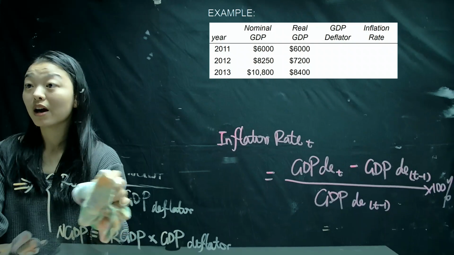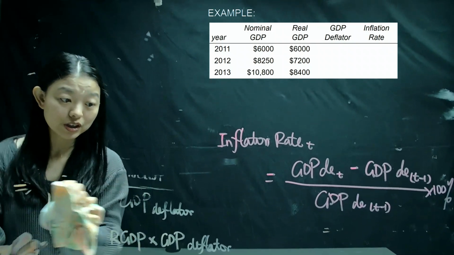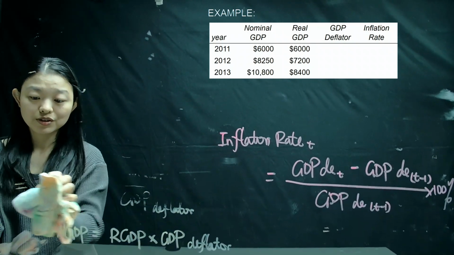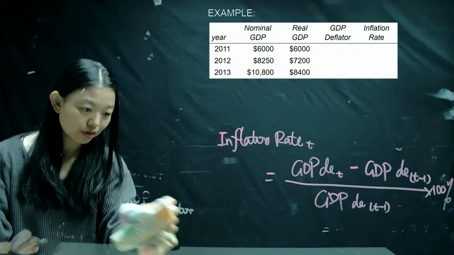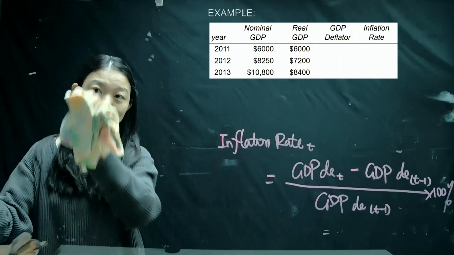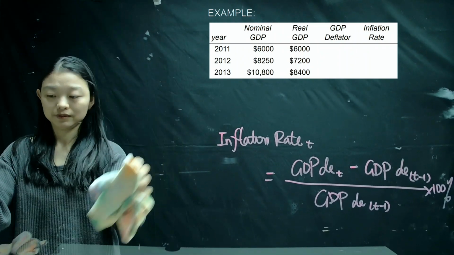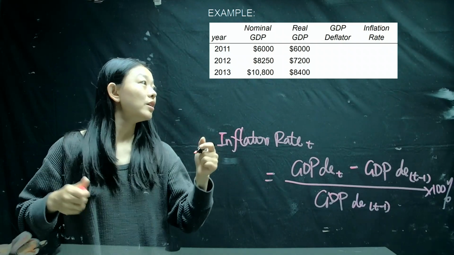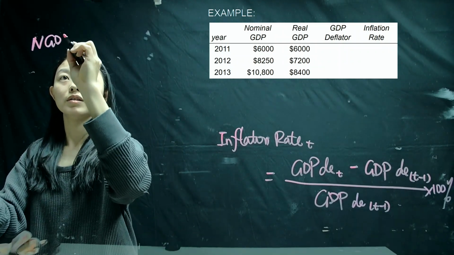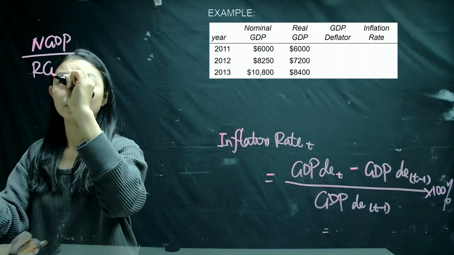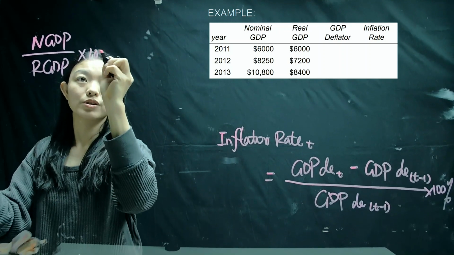We just need to use the nominal GDP divided by the real GDP times 100 to get a GDP deflator.